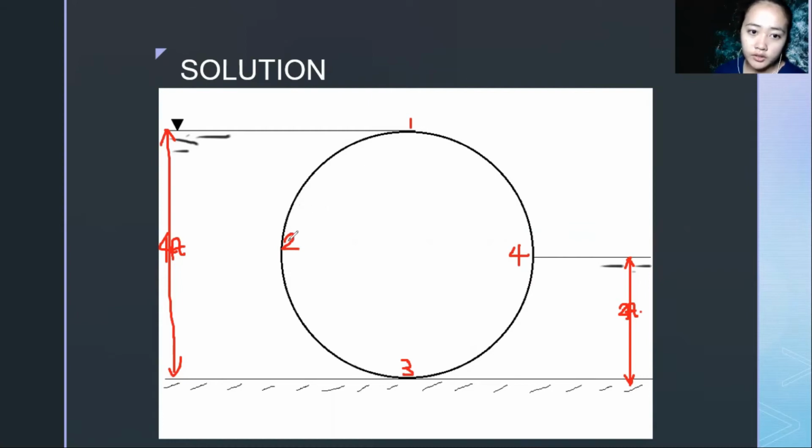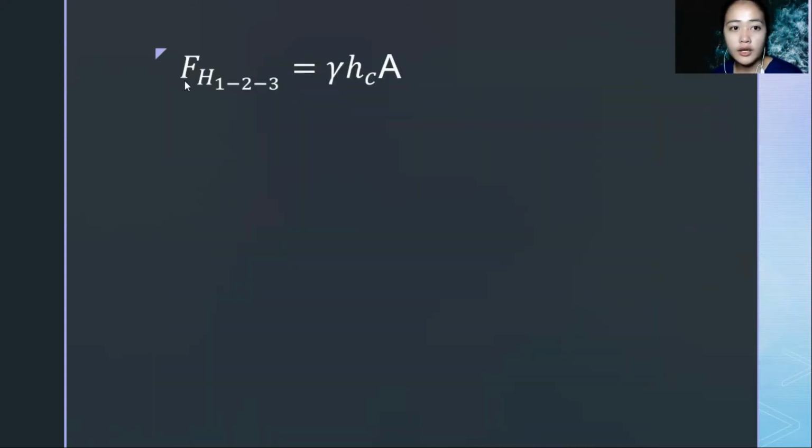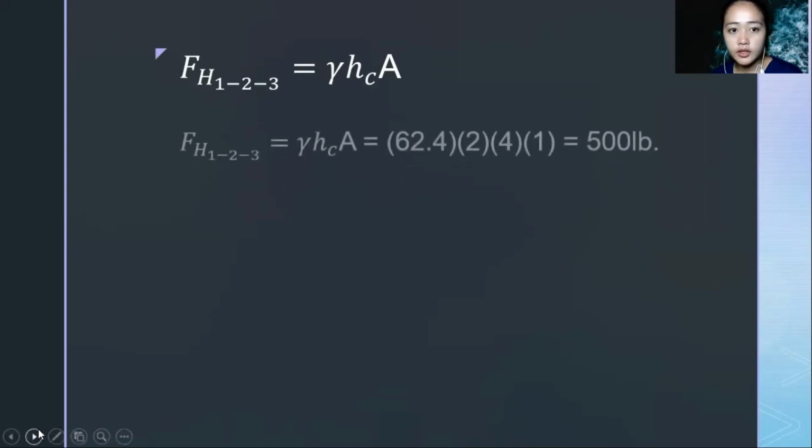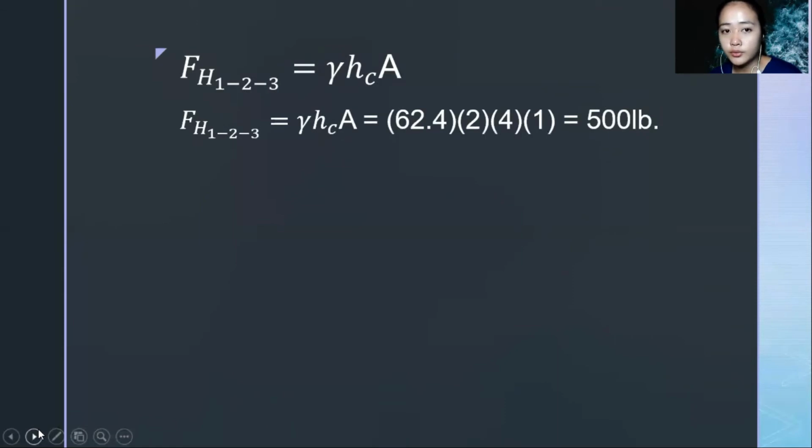So at points 1, 2, and 3, we're going to project it here. So F of H from point 1 to 3 is equal to gamma h sub C times area, equal to 62.4 times 2 times 4 times 1, which is equal to 500 pounds.